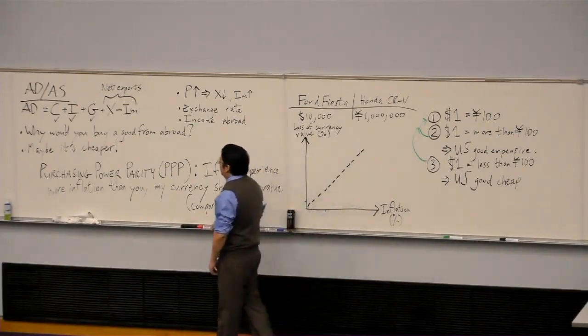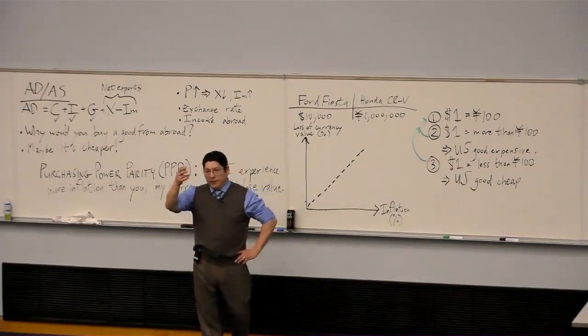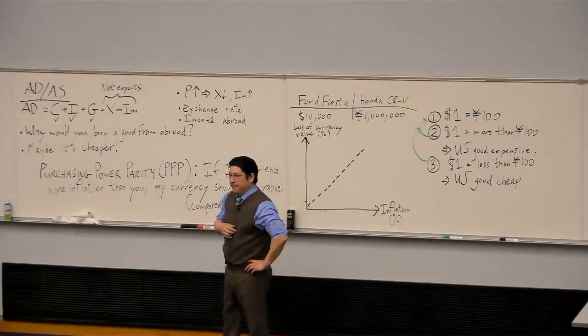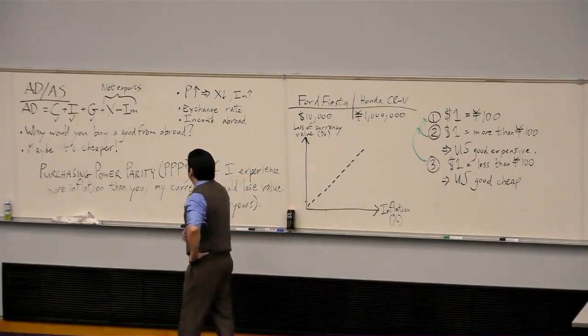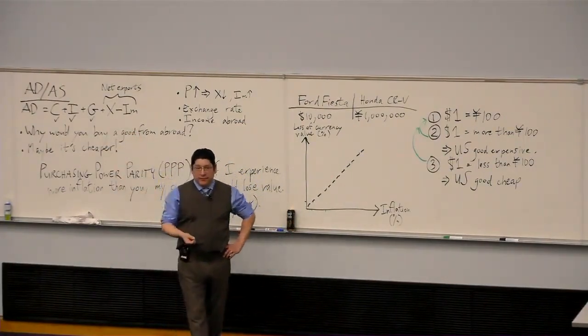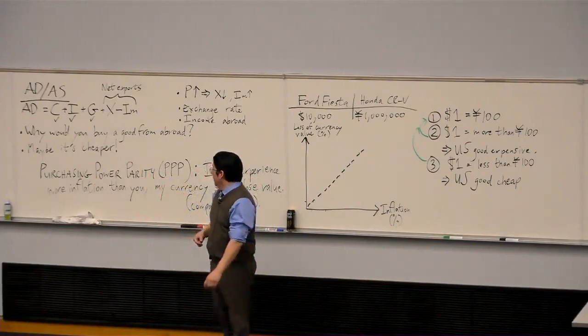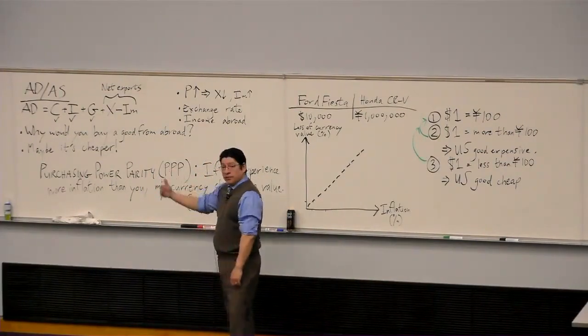The idea here is that if one of your big trading partners experiences a recession, that's going to decrease your aggregate demand as well, even if otherwise everything was going fine. Just because your trade partner's demand for your exports has gone down.